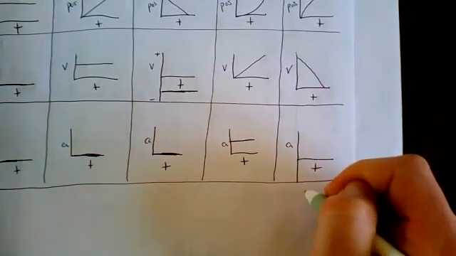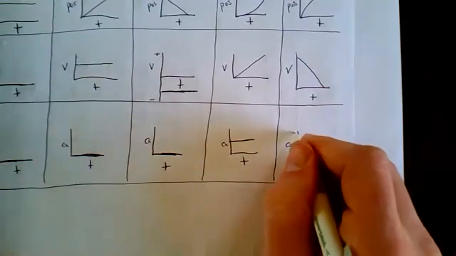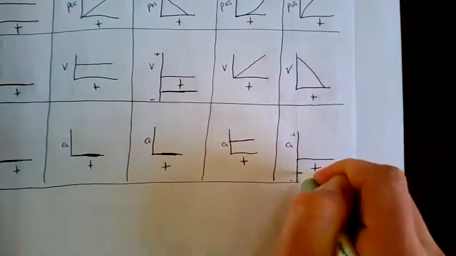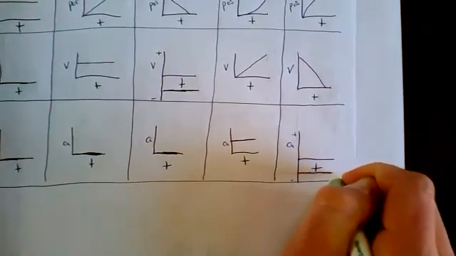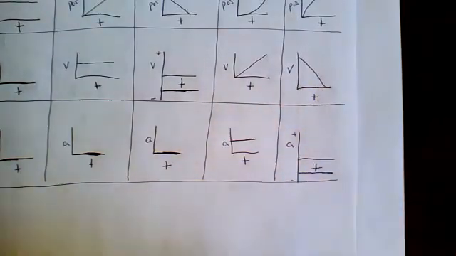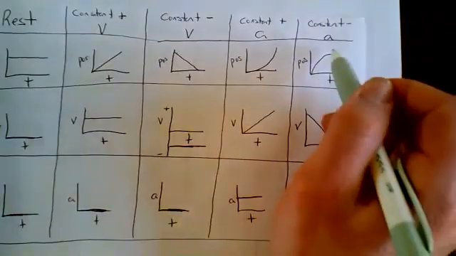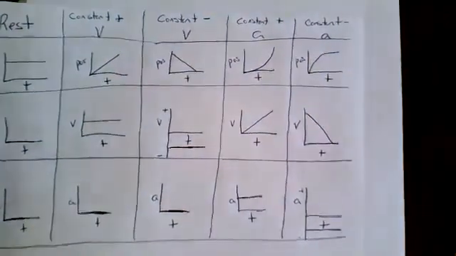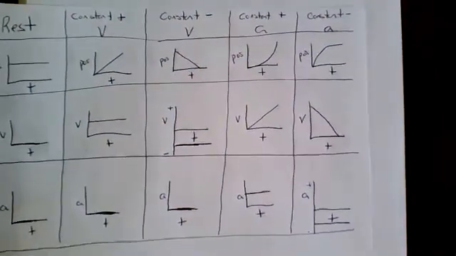And now I need a negative for my acceleration. Constant negative acceleration. I'm losing velocity. My position is changing less and less over time.